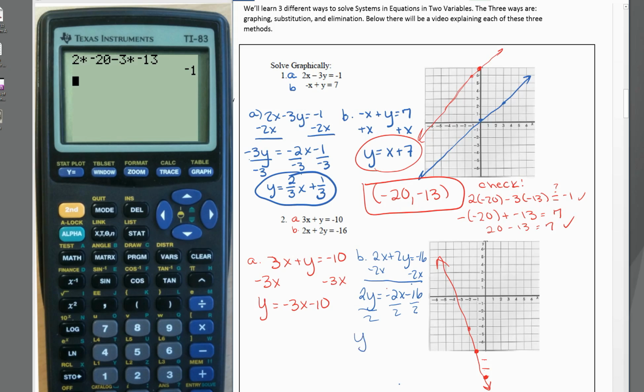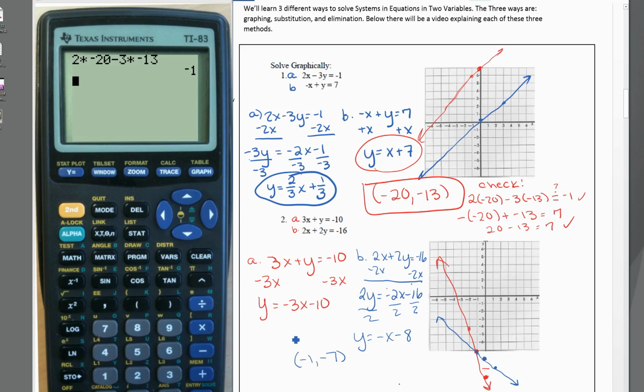So I have y equals negative x minus 8. So I'll go down to negative 8. Again, I need to go down 1 and over 1, or up 1. And here we can see it looks like our intersection is at negative 1, negative 7.